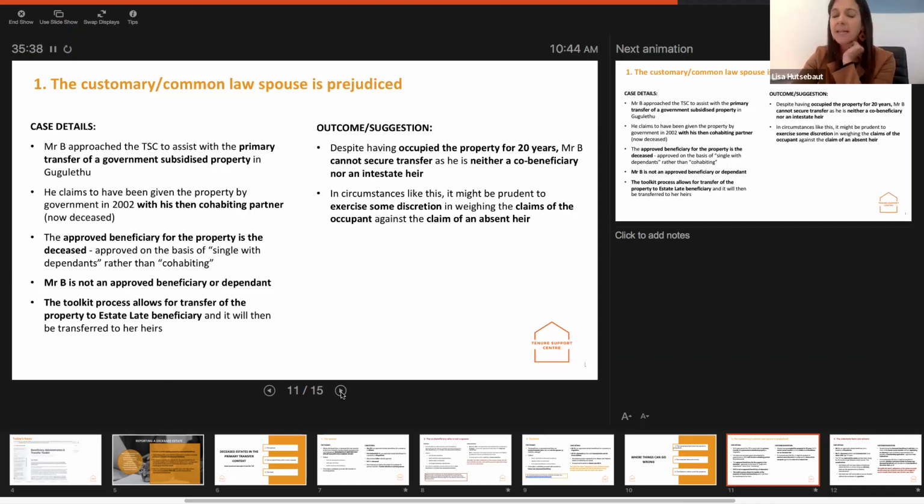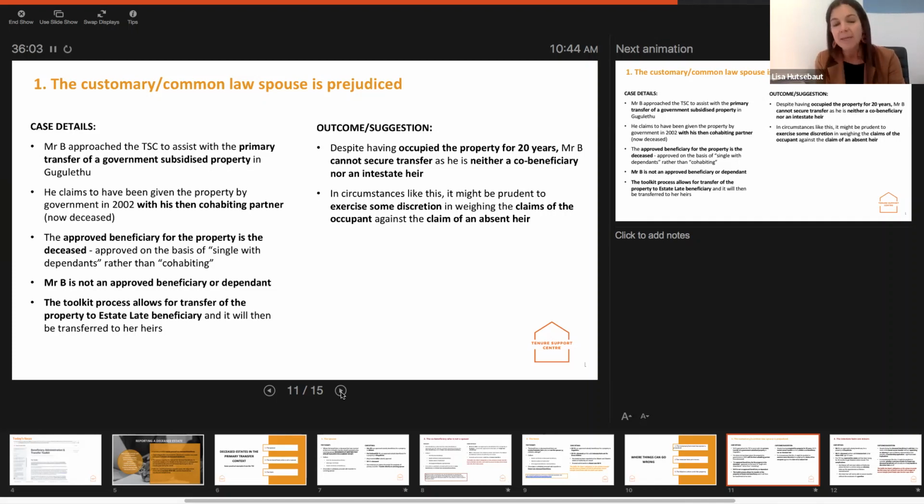And exactly the same would be true for a customary marriage where that customary marriage hasn't been registered. We have a lot of those. The clients have never registered their customary marriage. They don't have a marriage certificate from Home Affairs, so they can't prove the customary marriage. And with a customary marriage, it's very difficult to prove that you are in fact the intestate heir.